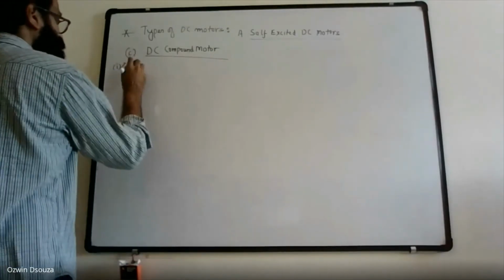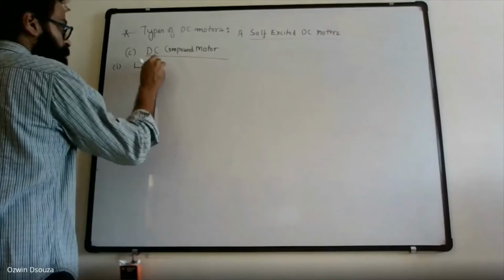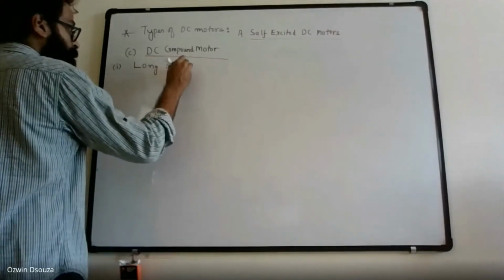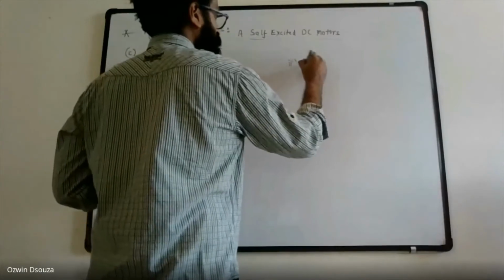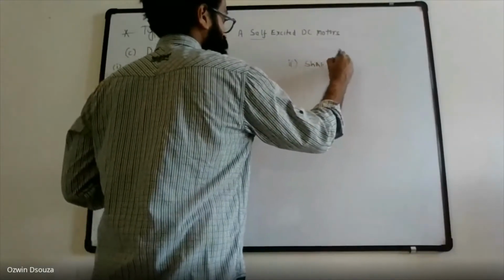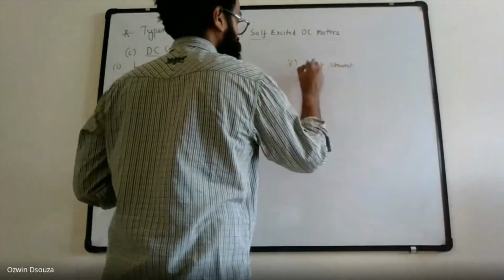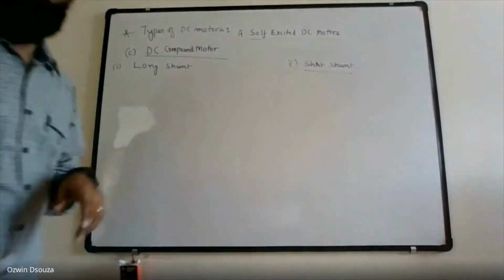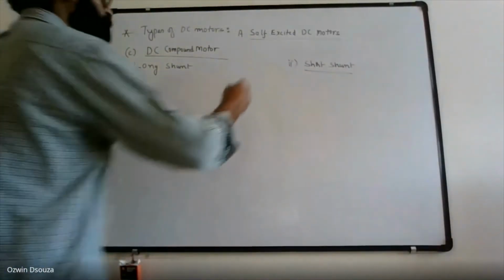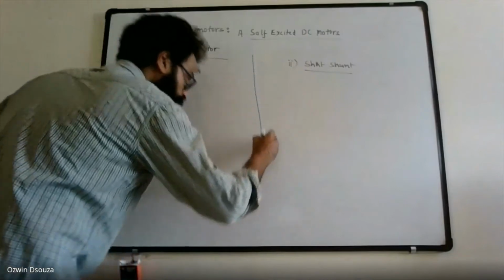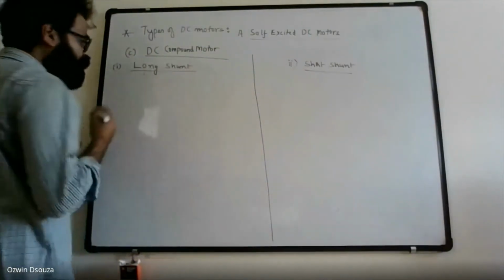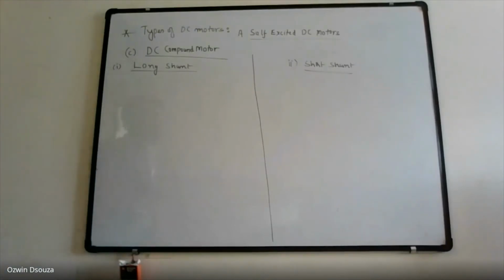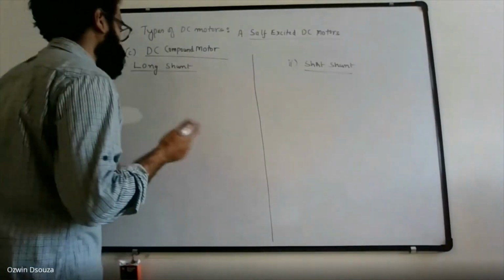First one, let us consider long shunt. And second one, let us consider short shunt. All right. So first, let us consider long shunt. Long shunt means the series field is connected first, followed by the shunt field.